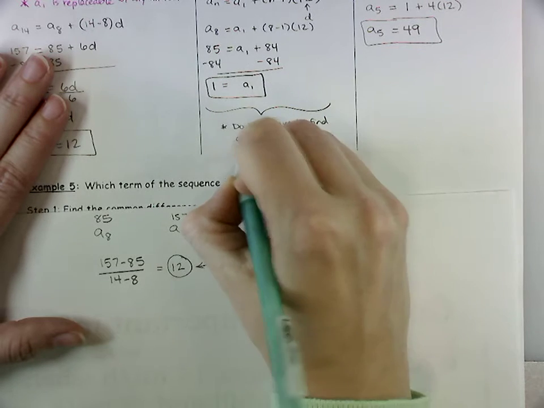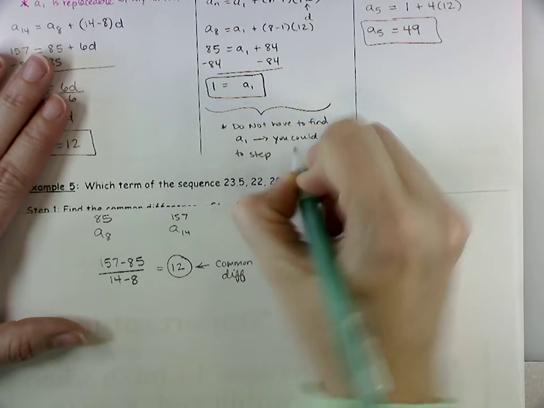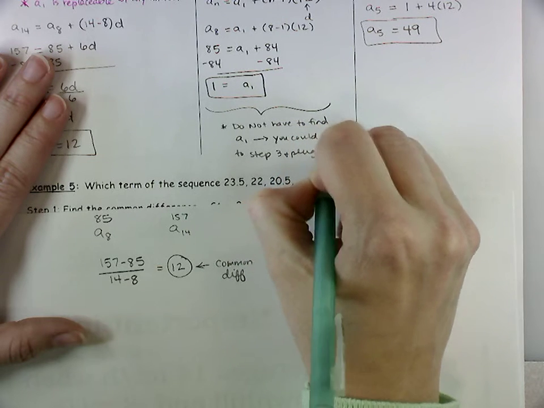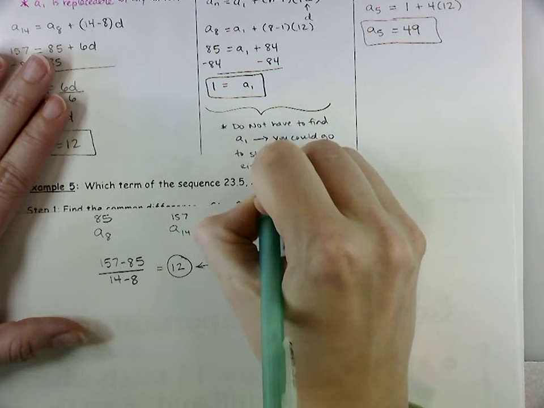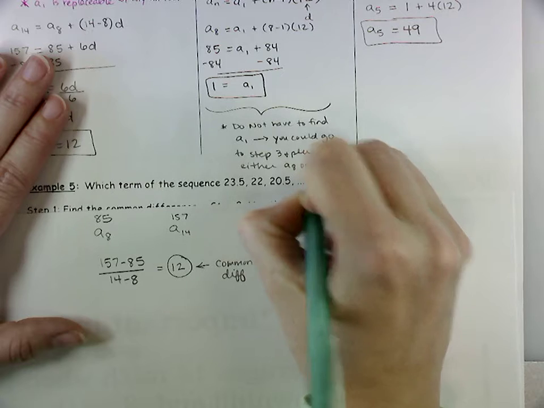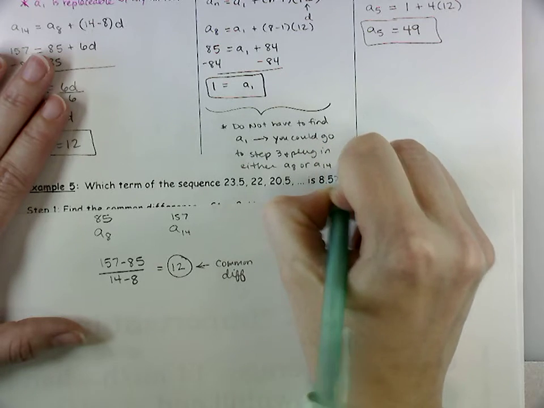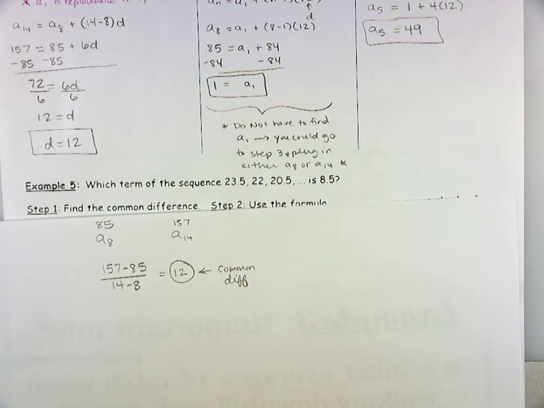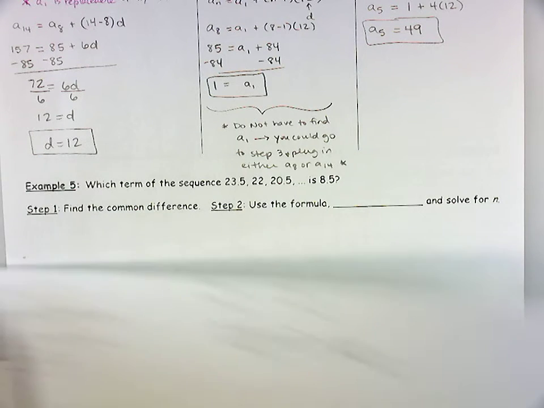You could go to step 3 and plug in what? 5. Yeah, you could plug in either a sub 8 or a sub 14. I just wrote that as a little note for you.